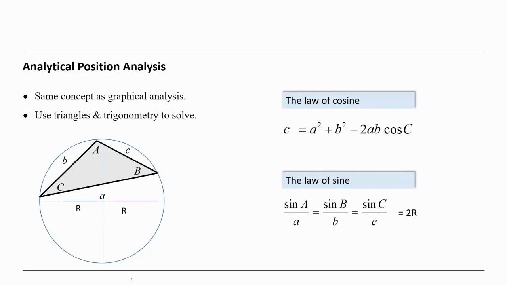We discussed this in the lesson before our last lesson, when we were talking about vector calculations. We talked about the vectors and vector calculations, and we also mentioned the law of cosine and the law of sine, which are very useful in trigonometry, and we will also use them in the calculation of the mechanism.